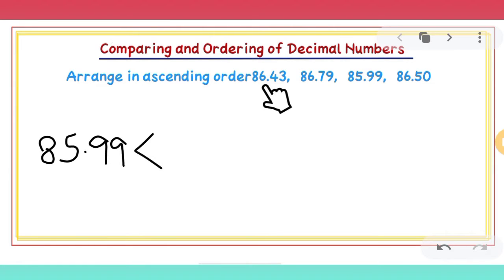Now the second number, in the remaining three numbers, every number has whole part as 86. So now we will go to the next place, that is the place after decimal. So in this we have 0.4, here it is 0.7, and here it is 0.5. So among 4, 7 and 5, the smallest is 4. So the next smallest number will be 86.43.